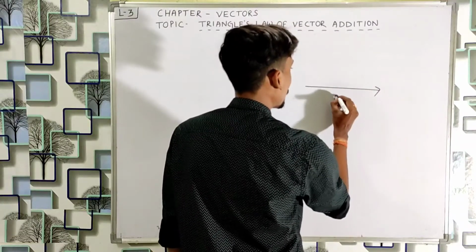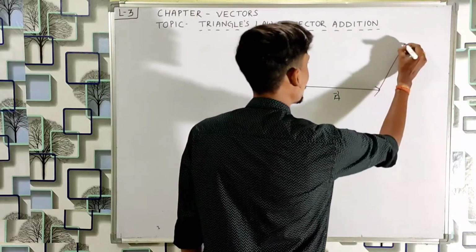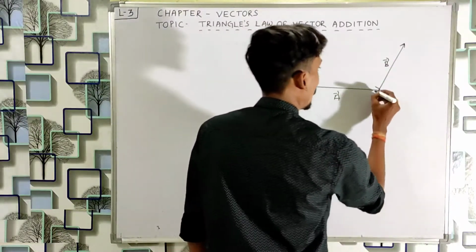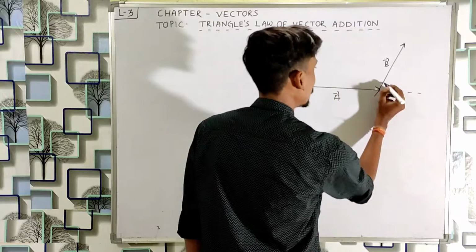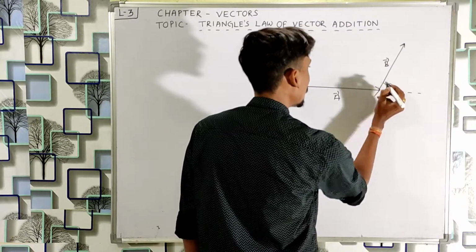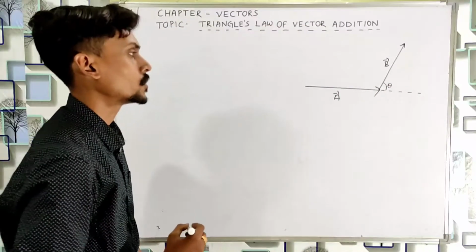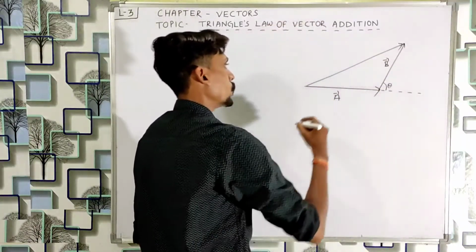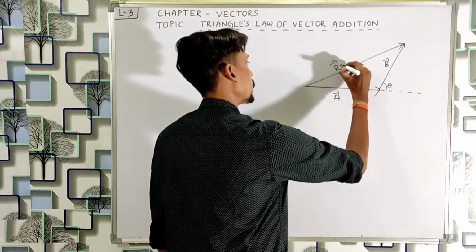I will draw a bigger diagram like this. This is vector A and this is vector B, and we want to add these two vectors. So if I extend, then this is the angle theta between the two vectors, and the third side will represent the resultant vector.